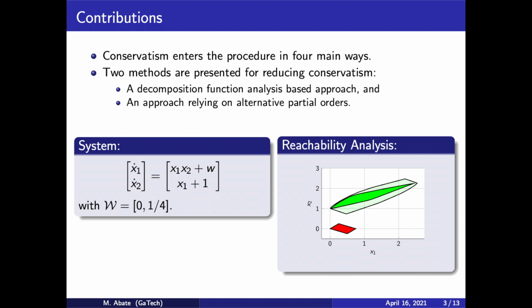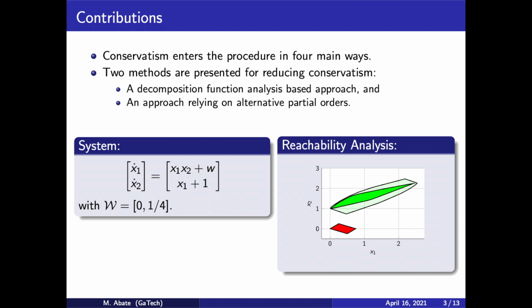So these methods are as follows. First, we present a decomposition function analysis-based approach for reducing conservatism, and next, we present an approach for reducing conservatism that relies on defining mixed monotonicity in terms of an alternate partial order on your state space. Okay, so on the bottom, we'll have another example, and this is showing what we are moving towards. So we have a system on your left, and we're showing on the right how reduced conservatism in the approximation of reachable sets looks.